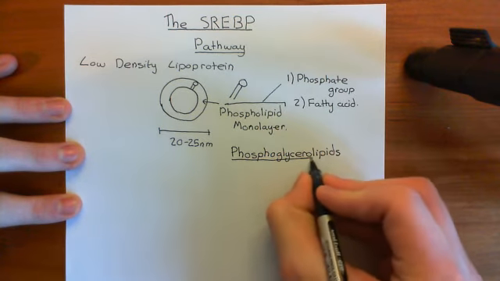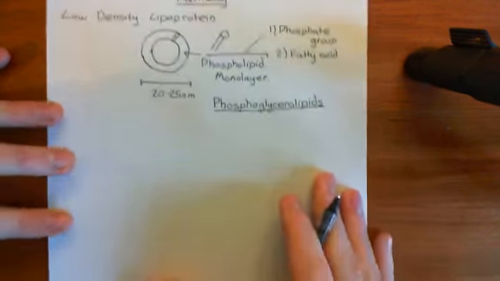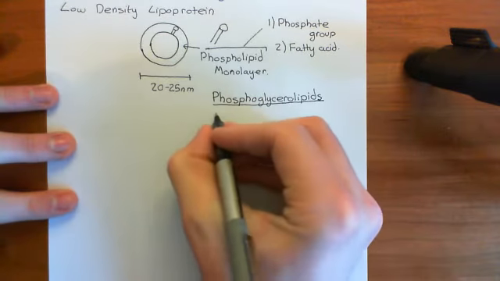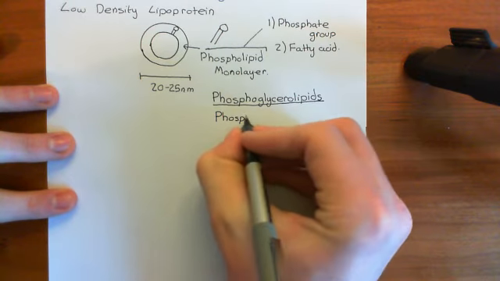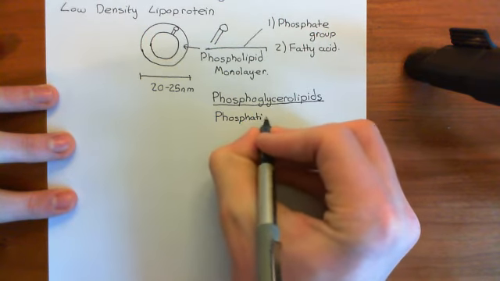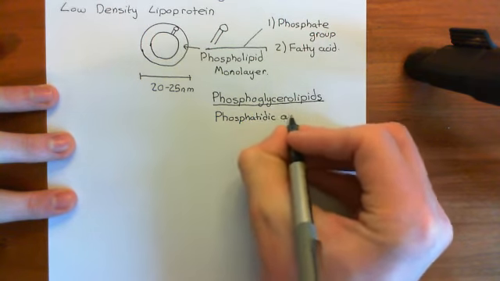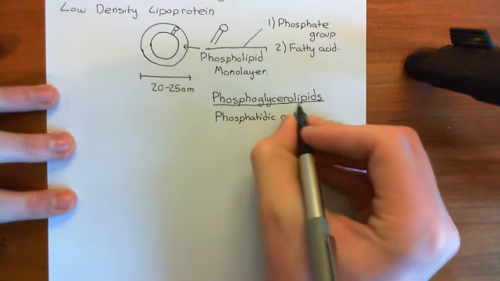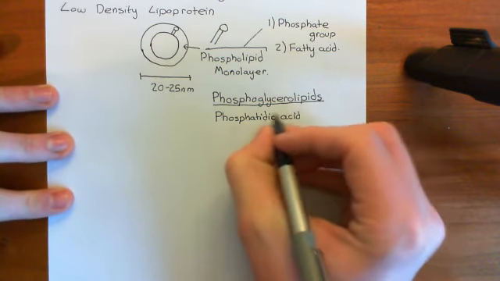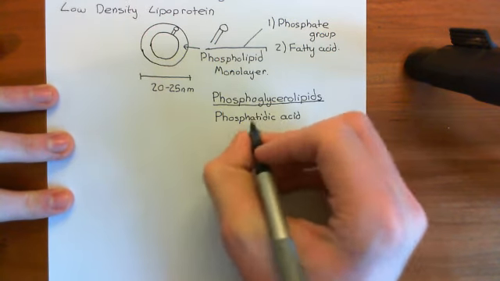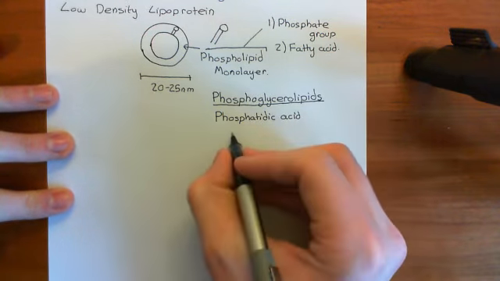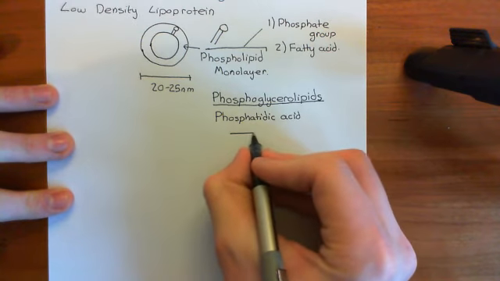Basically, phosphoglycerolipids are all based on a molecule called phosphatidic acid. Phosphatidic acid is the first structure we want to discuss, and it is an example of a phosphoglycerolipid, and all the other phosphoglycerolipids are derivatives of phosphatidic acid. So let me show you the structure of phosphatidic acid.